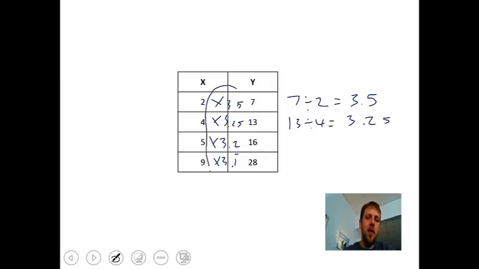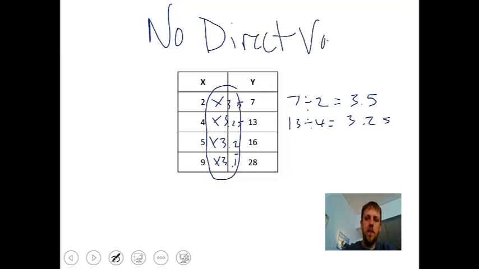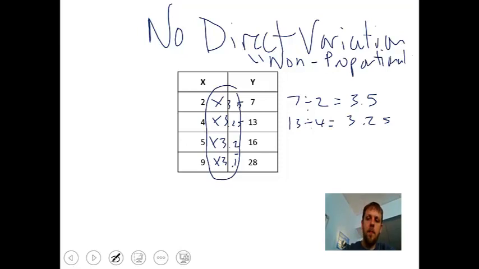We already know that these do not have the same factor, which means that they do not have direct variation. So there is no direct variation, which means non-proportional. Okay?